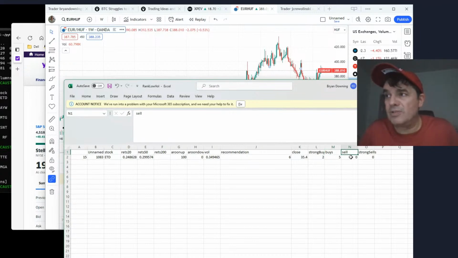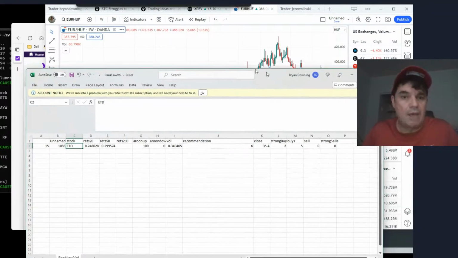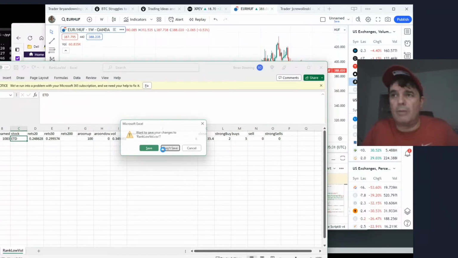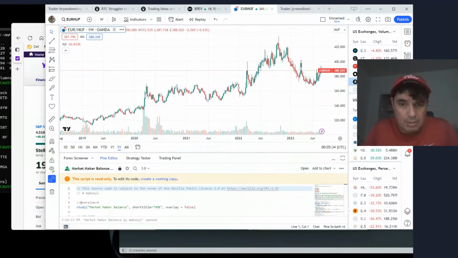And if you could find those that don't have any sell or strong sell recommendations, those are stocks you want to be part of, as well as they have low volatility. So that's what you want to find. Finding them is the hard part. But if you find them, you have a very strong probability you'll do very well with what I've already shown you tonight, with some of these stocks.